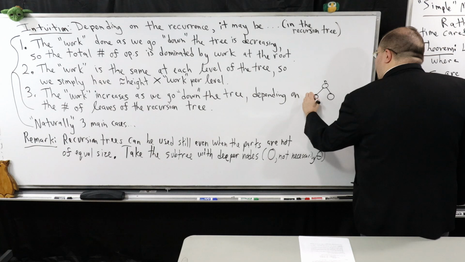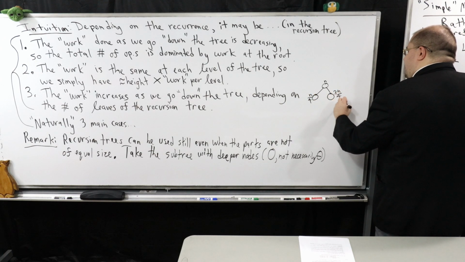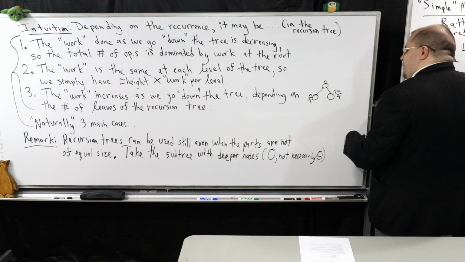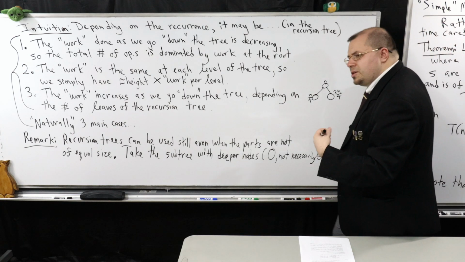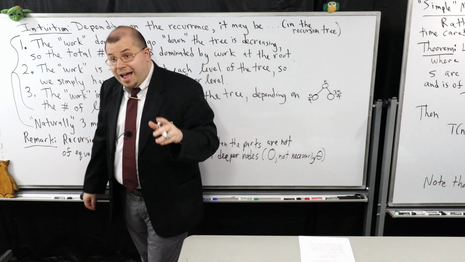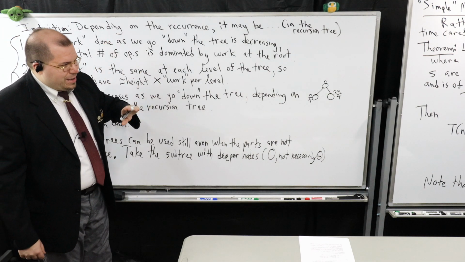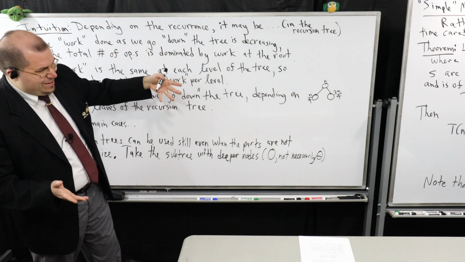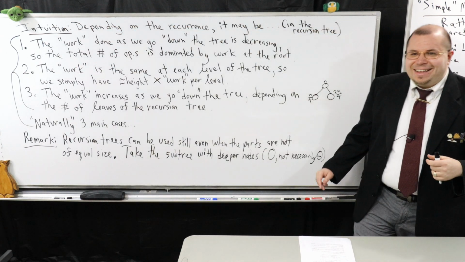You may have it where one of the recursive calls does a quarter of that work, but the other does, say, 3/4 of the work. Notice that this isn't the same size as that. You can still use the recursion tree method as we described it last day, where you carry out all that recursion by birthing children for the tree. And yes, I described it that way because it sounds fun.